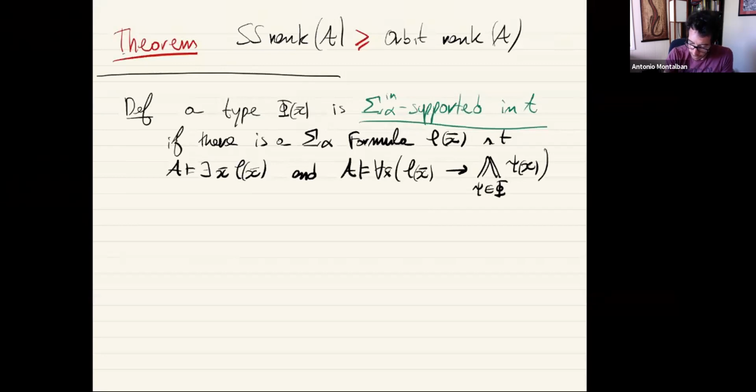By a type here, I just mean a set of formulas on free variables. If people are familiar with types, that's all they are. It's a set of formulas on these variables.